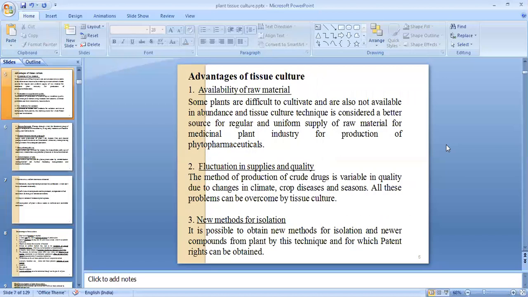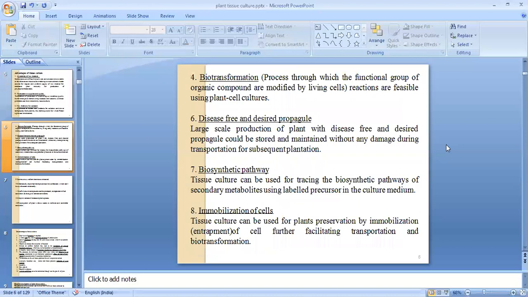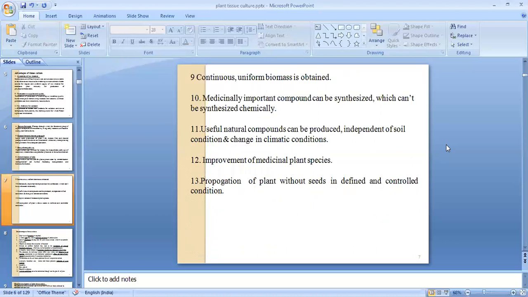Okay, so right from the beginning, if you see, the availability of the raw material to the industries without any obstruction, and the fluctuation in the supplies and qualities can be maintained, and you can develop new methods for isolation and biotransformation. It is highly useful, and you can produce the disease-free and desired propagule, and also you can trace the biosynthetic pathways, and it is also helpful in immobilization of the cells and production of secondary metabolites through that.